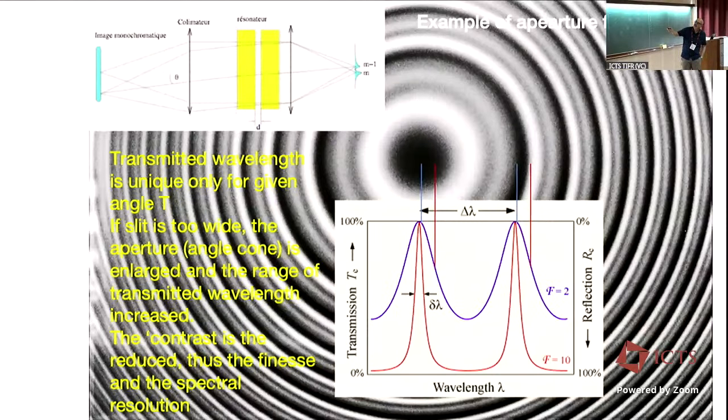After the Fabry-Perot, if I have an extended source, then depending on the angle at which I enter the Fabry-Perot, I will get a different spacing. Because if I enter with a given angle, I will be at another place on the detector. So I will produce rings of interference here.